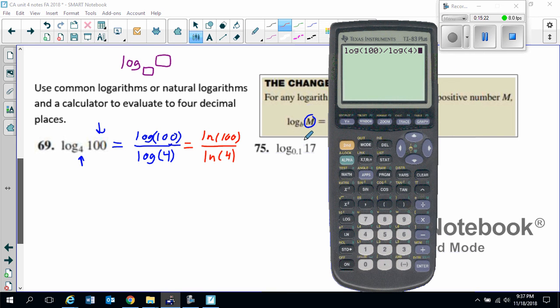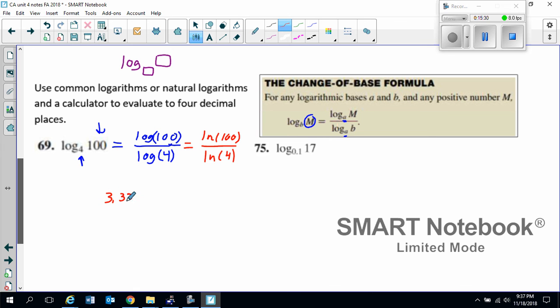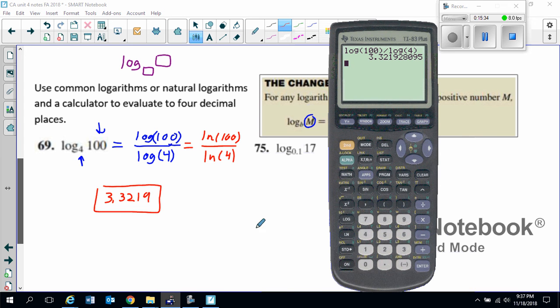So they both have base 10, and let's see what my answer is. 3.3219, so that's my answer. And just to show you, if you do it with natural logs, it's the same thing. Natural log of 100, close it, divided by natural log of 4, close it, and you get the same exact thing.